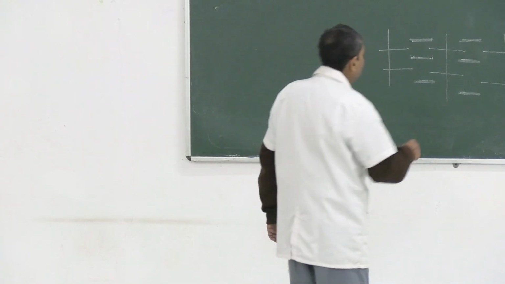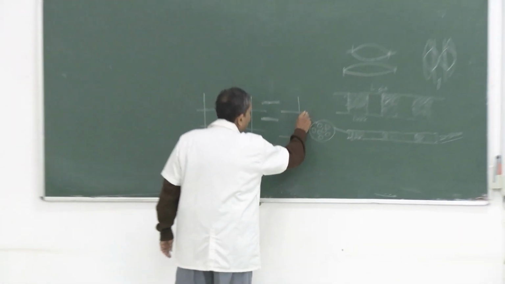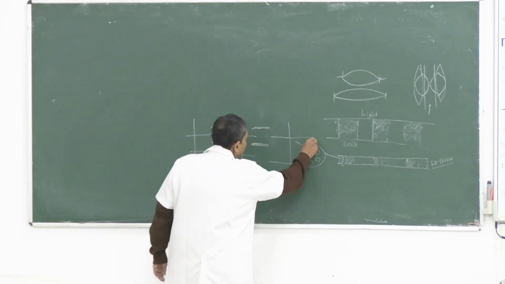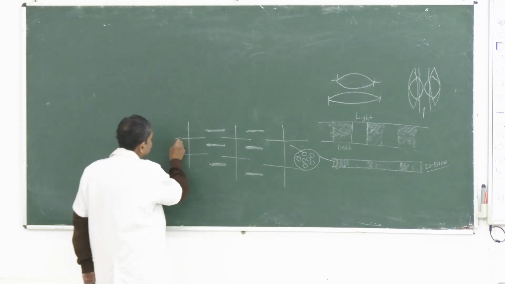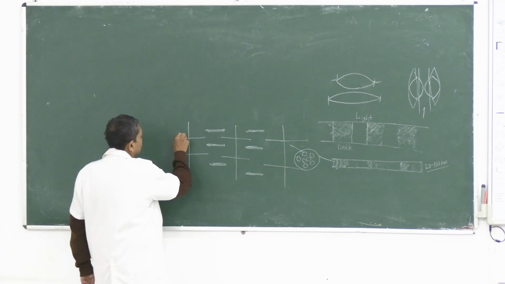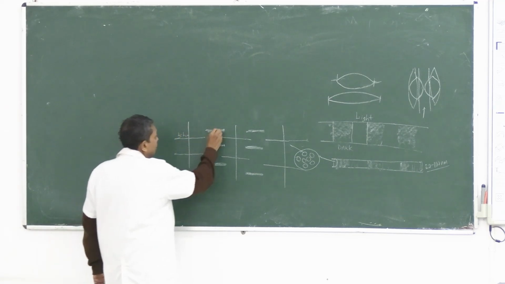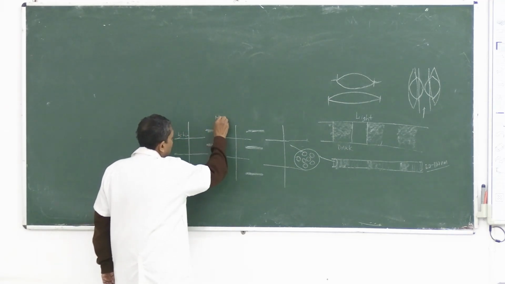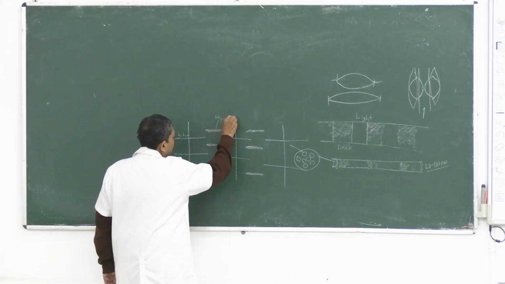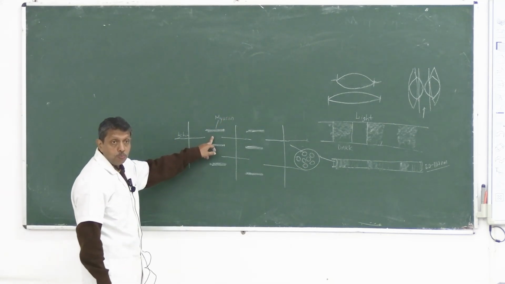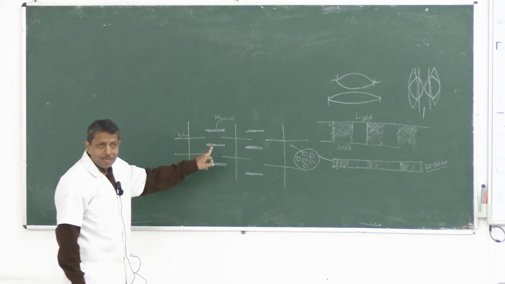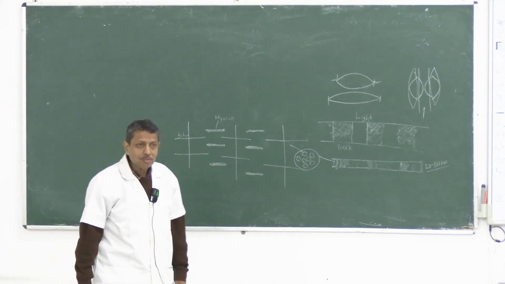And it is the actin filament or microfilament. This actin filament is similar to that of the actin filament in other cells. Actin and it is the myosin. Myosin filaments are formed of myosin molecules.